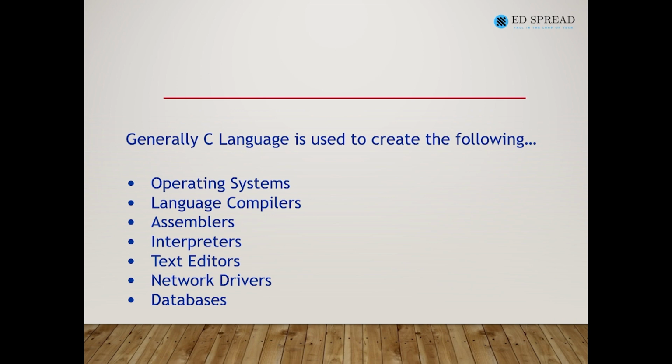You can write HTML, Java, or C there. That is nothing but a text editor. Then network drivers and databases. If you want to write structured query language, you need databases, and those databases have been developed in C language.